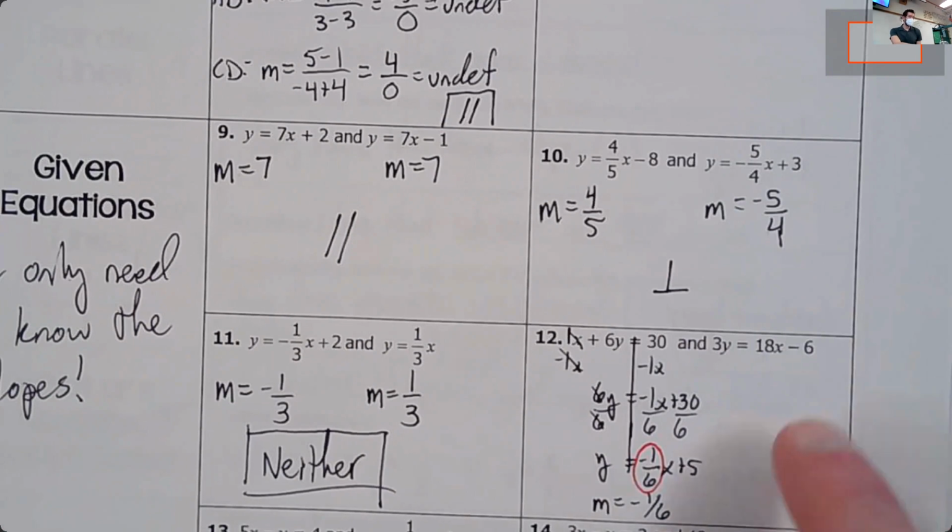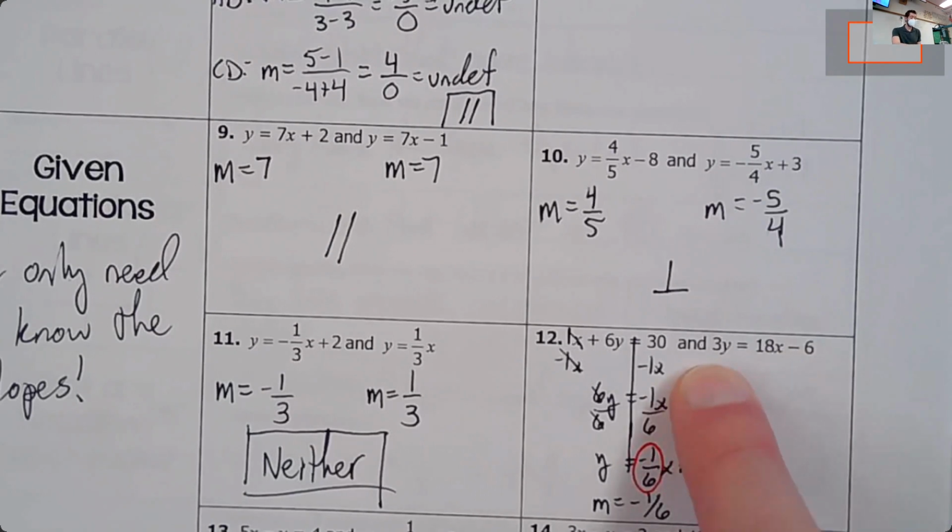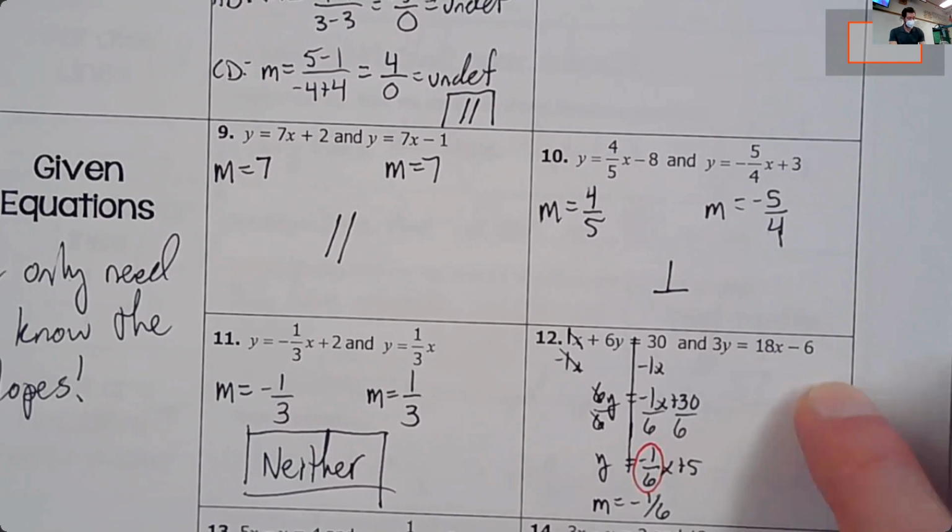Now this other line, this one right here, it's not in slope intercept form, but it's also not in standard form right now either. It's kind of in between both of those, which actually makes our lives a little bit easier for this problem because the x is already over here on the second equation. All we have to do is get rid of the 3. So we just have to divide everything by 3, and then we're good to go.